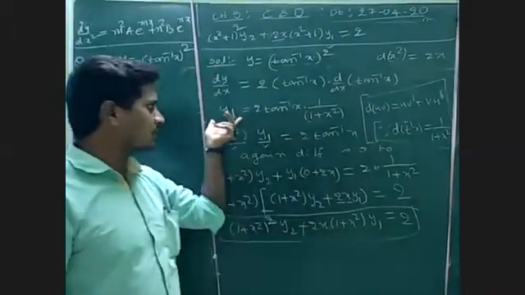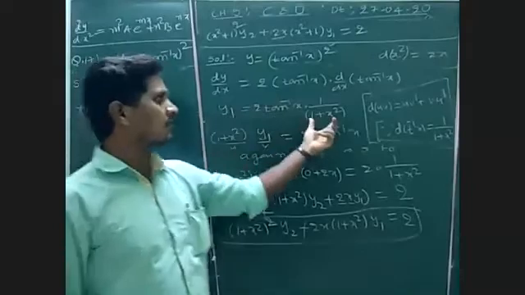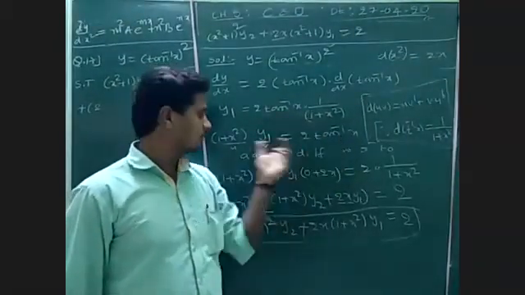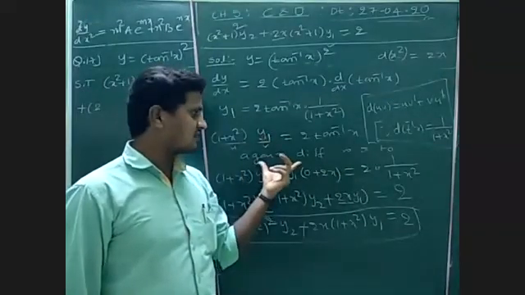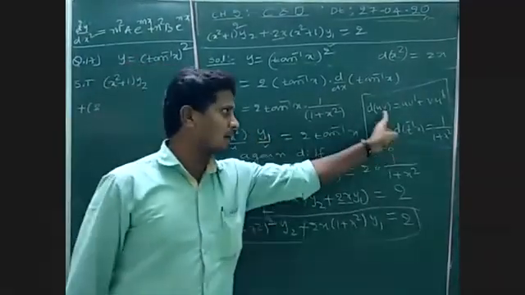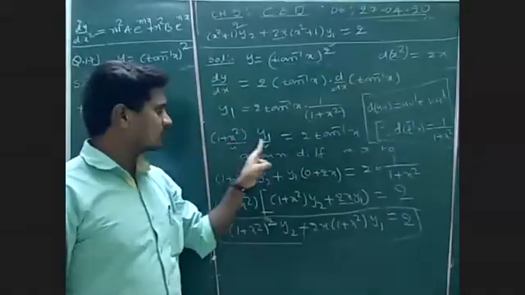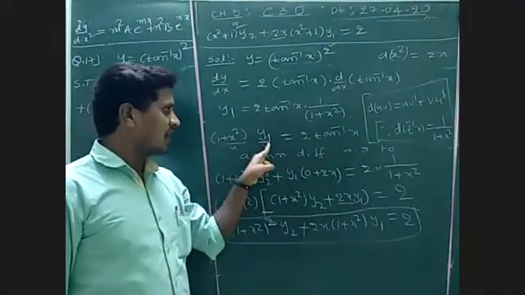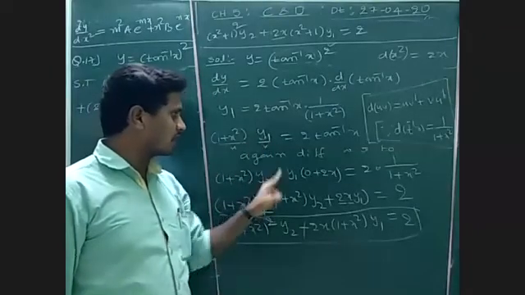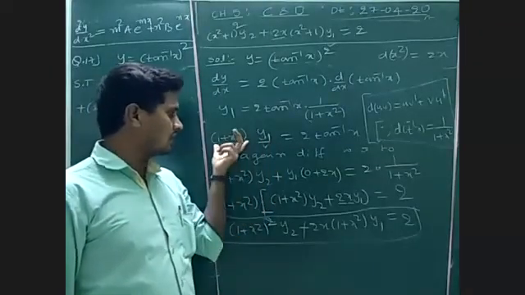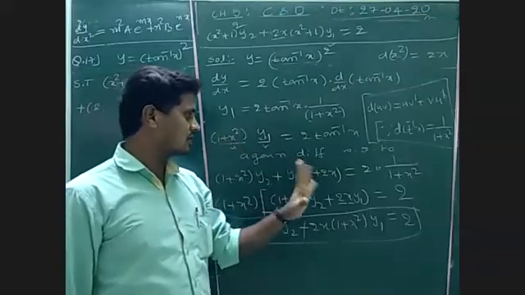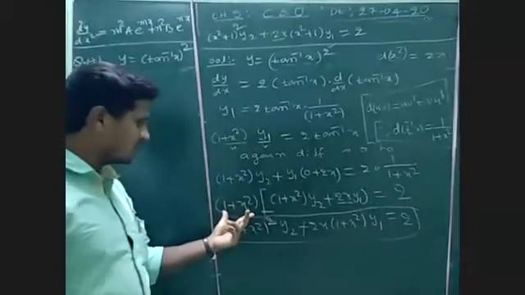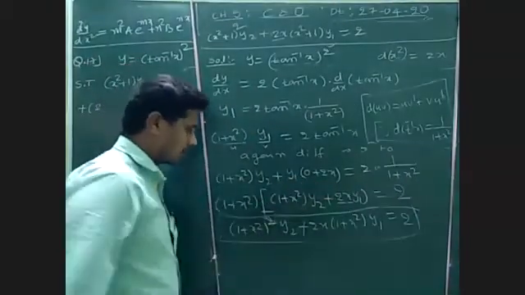I cross multiply, so 1 plus x square into y1 is equal to 2 tan inverse x. Then again differentiate with respect to x by applying the uv formula, the product rule. This is u, this is v. So u v dash, the derivative of y1 is y2, plus y1 into the derivative of u, where the derivative of 1 is 0 and of x square is 2x. Simplify, again cross multiply 1 plus x square, then multiply again. That will be the answer.